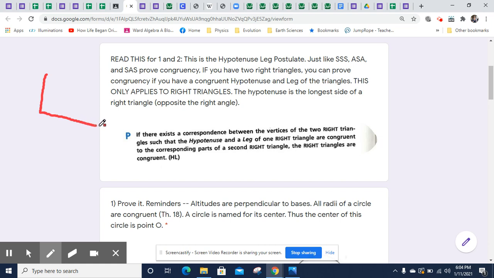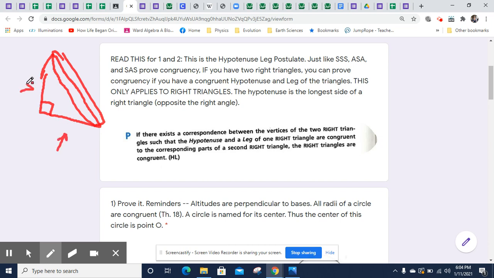Now, the hypotenuse is, of course, here's a right triangle. Okay, that is the most amazing right triangle you've ever seen. So there is a right angle, and this right here is the hypotenuse. It's the long part of it. And these two are the legs.